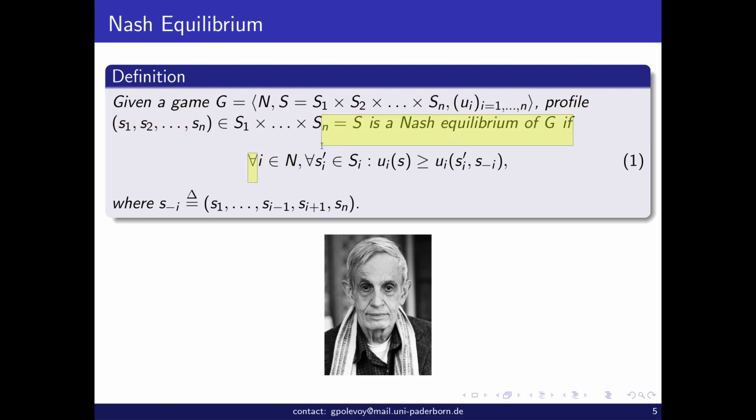Formally, for any player i and for any possible deviation si prime, the utility that the player would get, given that the others keep playing what they play, s minus i, remember that s minus i is the sub-profile of the strategies of the players except i, and so the utility that the player would get if she switches to si prime will be never more than the utility she used to get before, ui of s in the original profile.